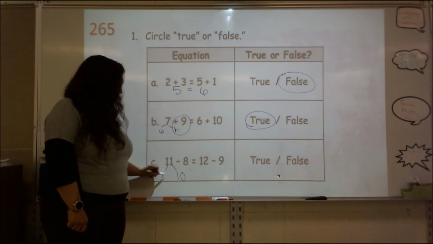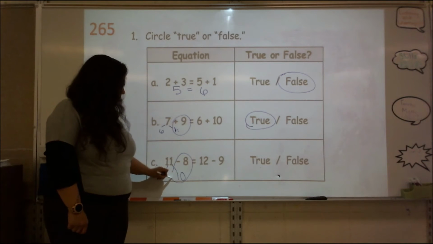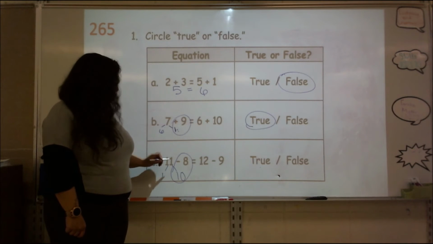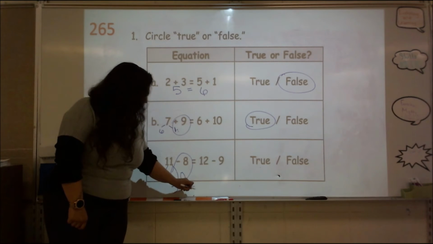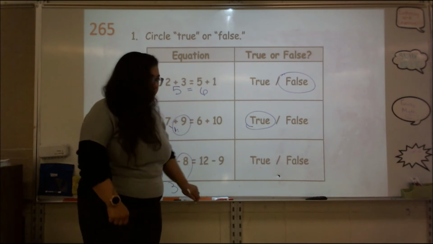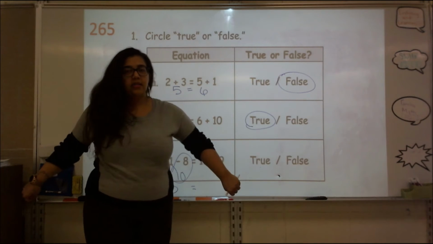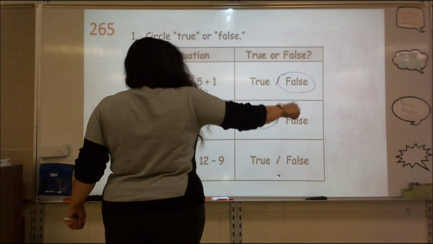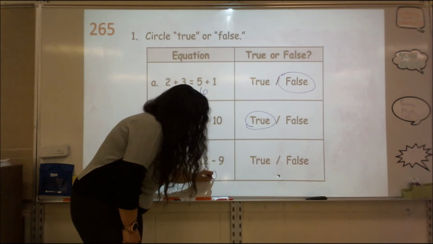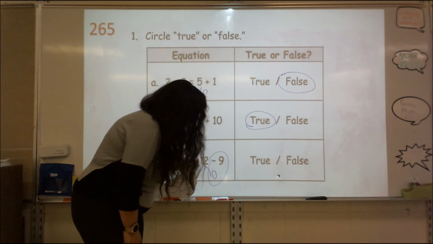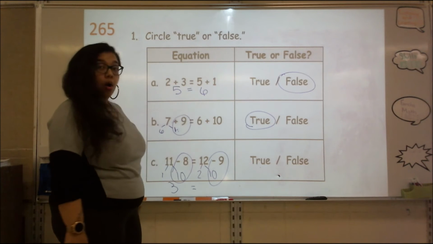So 10 and 1. 10 minus 8 is 2. 2 plus 1 is 3. Let's do it again over here. Remember that 10 and the rest, and we flip it so that the 10 is closer to the subtraction in our writing. 10 minus 9 is 1.